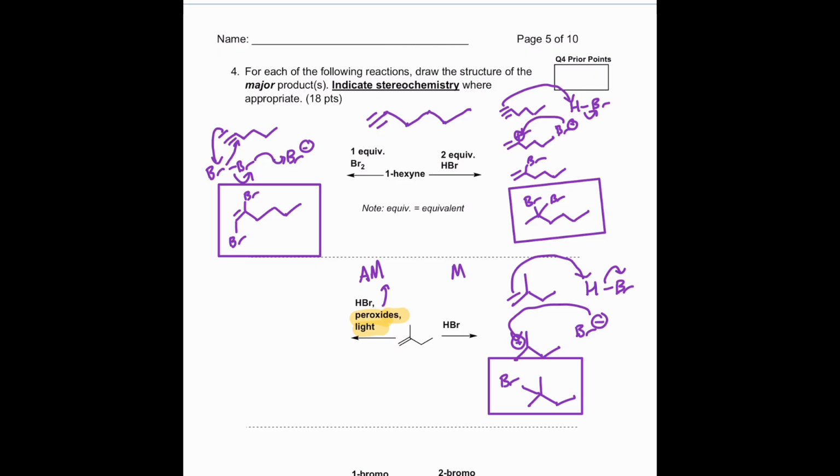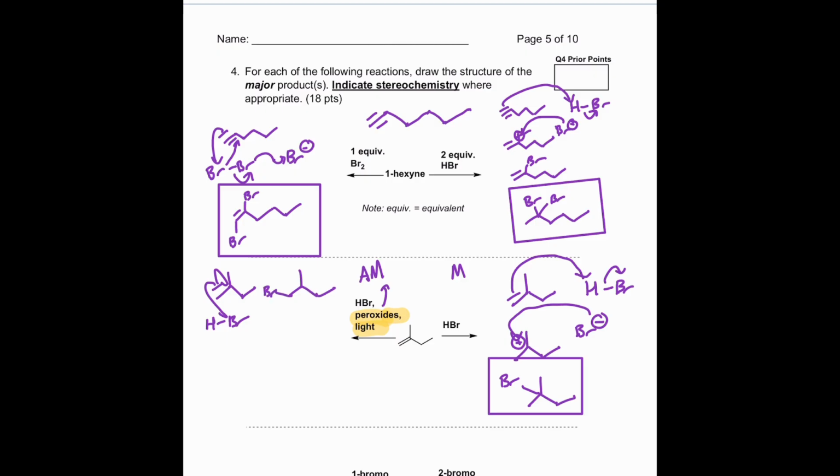So then from there, we now have our anti-Markovnikov, which is a little bit more complicated mechanism-wise, but I could draw it out really quick. So we have that, and then we have our HBr. Think of it as the initiation and propagation type thing that you guys have learned before. So then from there, you're going to have this.